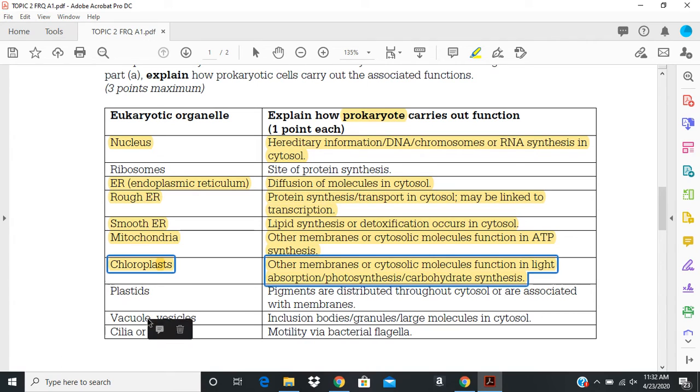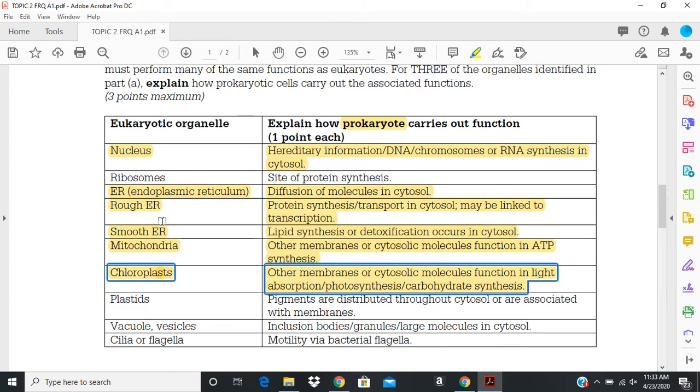And if you mention a vacuole or a vesicle, they use large molecules or they have granules. There's things called inclusion bodies, which are basically material that's been taken into the cell that's included within the cytoplasm. So you needed to mention any 2 out of the 3 that you talked about.